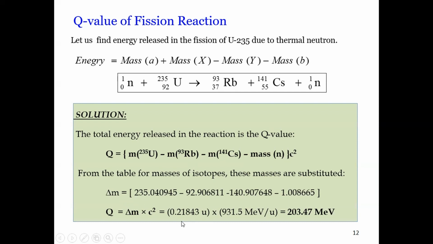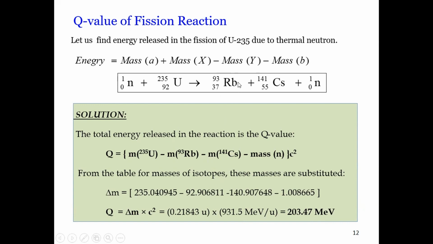And if you subtract, you get the net balance as a delta M equal to 0.21843 atomic mass units multiplied by 931.5 million electron volt of energy per atomic mass unit. So it is about 203 million electron volts. People say that this energy ranges from 200 to 210 million electron volts for different types of the products that are produced.